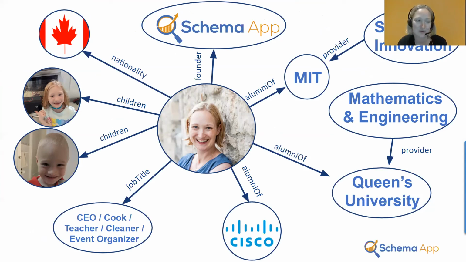So super excited that Anna's here from Stratford, which is like 40 minutes away from where I live in Guelph, so that's pretty exciting. And I have two kids, Ruth and Garrick, who I also avoided putting to bed tonight by being part of this tonight, so thank you for that parental break. And then I decided to update my job title. Usually I just introduce myself as a CEO, but lately I've been cook, teacher, cleaner, and event organizer with COVID going on, and so I thought I'd expand the things that keep me busy during my full days.